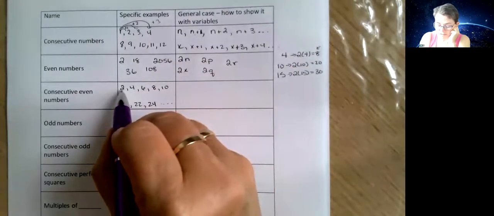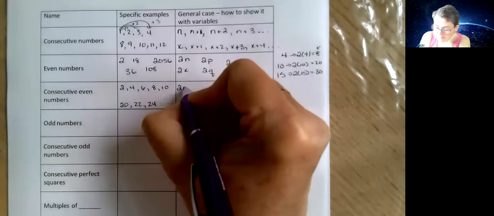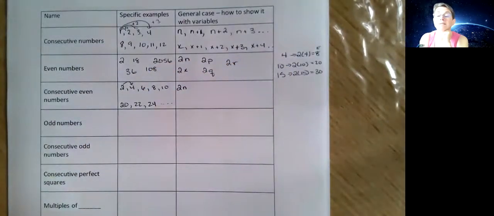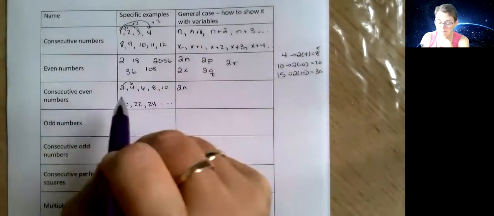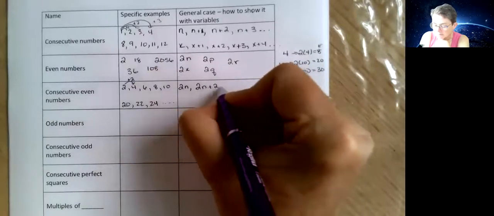So if we start at an even number, we can start at 2n. Now to get from there to there, what did you do? Just like we did up here, except we didn't add 1 this time. We go plus 2. So the next one will be 2n plus 2.